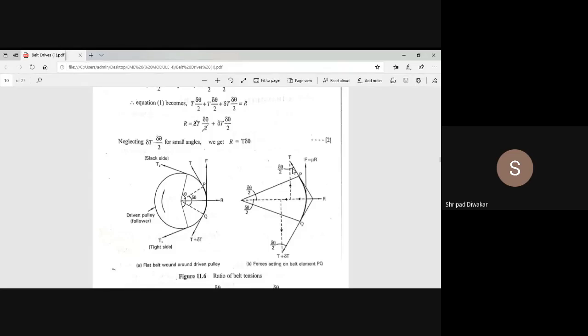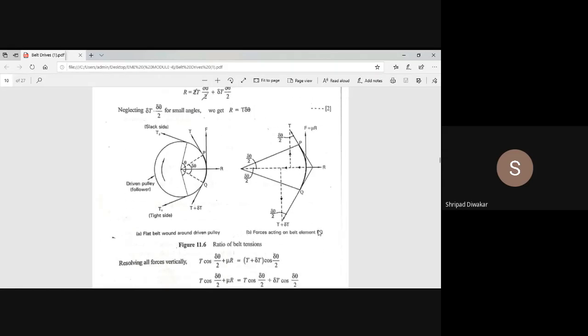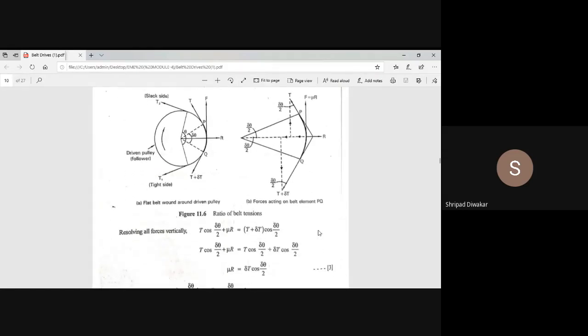Next we are going to resolve the forces vertically. How are we going to resolve the forces vertically? What is the vertical force here? One vertical force is the frictional force, that is given by mu R. Now you can resolve the forces. So T cos delta theta by 2 plus mu R equals T plus delta T into cos of delta theta divided by 2.